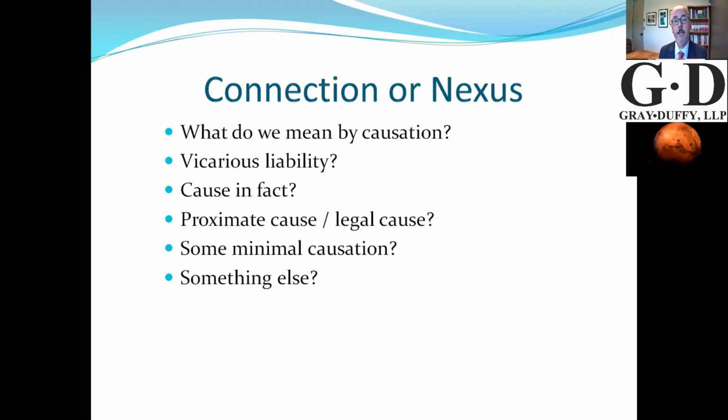Does it mean that the additional insured is liable because of something the named insured in fact caused, some injury or damage that they caused? Does it mean proximate cause or legal cause? Or does it mean something else like minimal causation? And this has been, I'd say, the controversial issue for the last 20 years in terms of CGL endorsements.